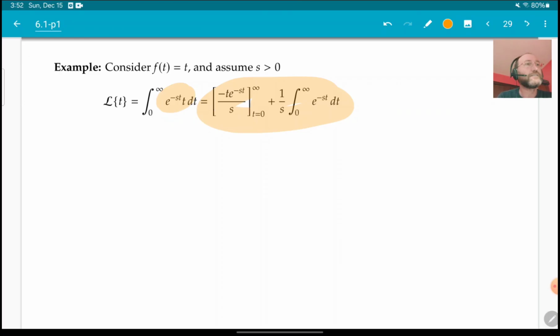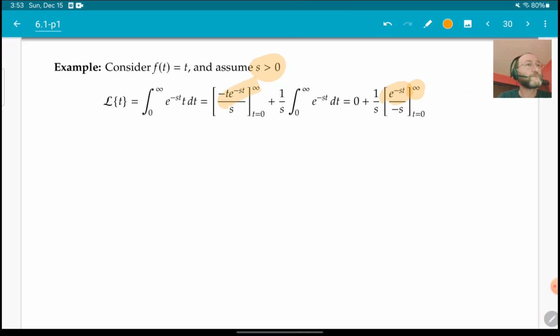And again, we're assuming that s is bigger than 0, so that this is e to the minus st. So that's going to go. If we're taking this limit out here, that limit goes to 0. Same thing out here.